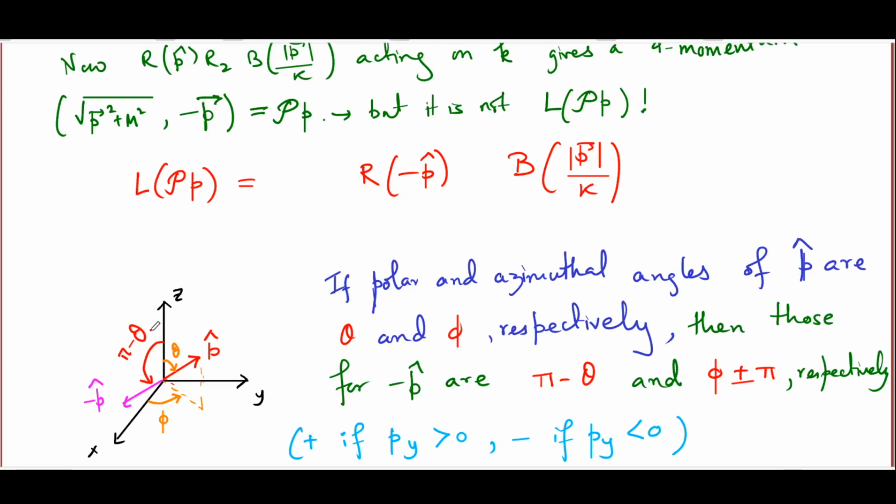Then an additional plus pi would have taken you out of the 2 pi range. Then you would have to actually subtract 2 pi from that result, and so your azimuthal angle there would be phi minus pi. So the polar angle is always pi minus theta, but the azimuthal angle is phi plus or minus pi depending on whether the original y component of the momentum was positive or negative.